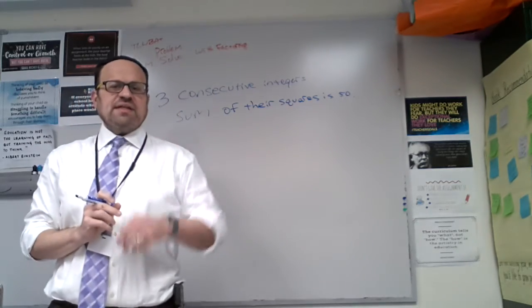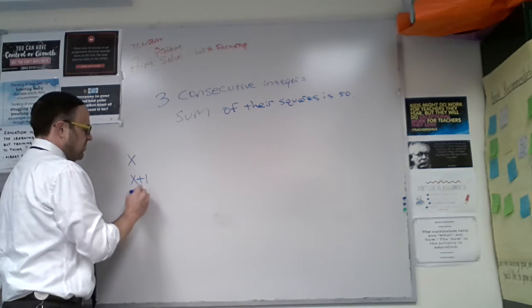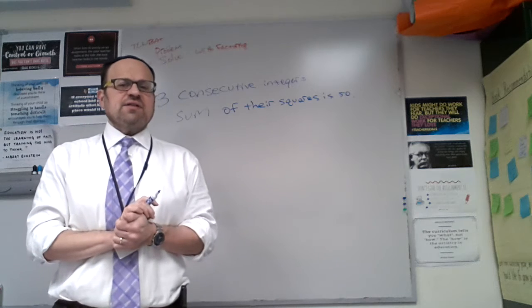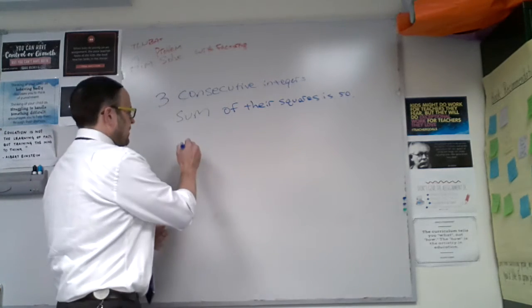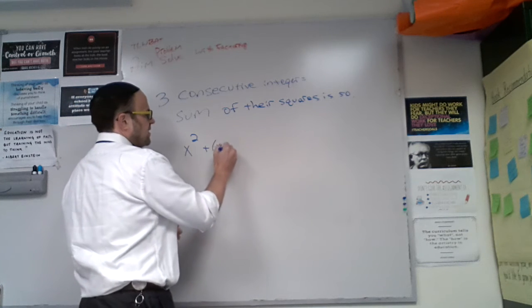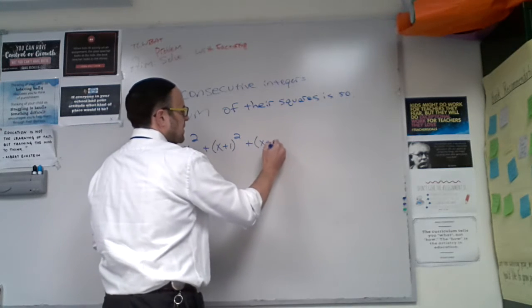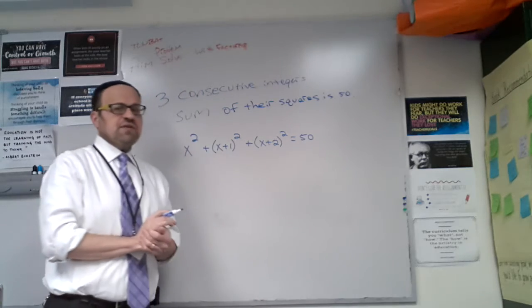Okay, again, 3 consecutive integers, x, x plus 1, and x plus 2 is always a good way to start. And I'm telling you that the sum of their squares, so what is that telling you? It's telling you x squared plus (x plus 1) squared plus (x plus 2) squared equals 50.